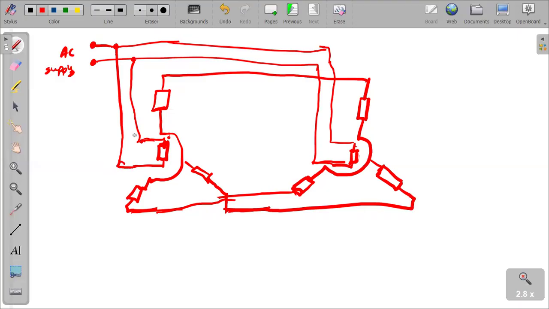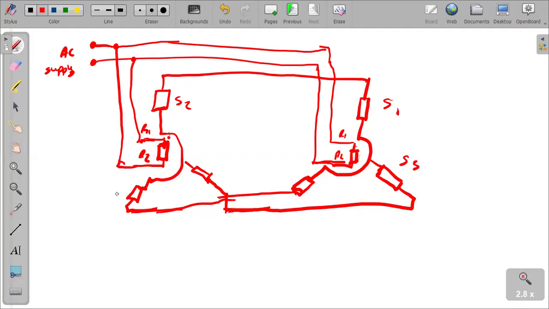Let's quickly label it. We have R1 here, R2 here, and S2 at this point. We have S1 here, and still have R1, R2 here, and we have S3 at this point. That's S3 there, also S3 here.